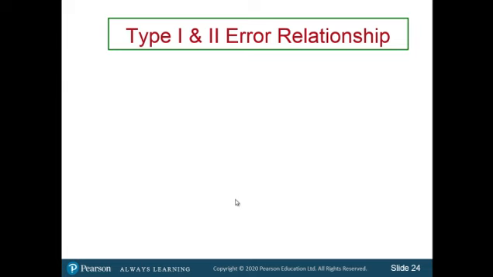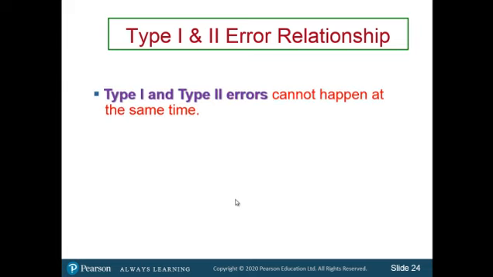Type 1 and type 2 error relationship. Type 1 and type 2 errors cannot happen at the same time because they are mutually exclusive situations. If you have committed type 1 error, then you do not commit type 2 error.